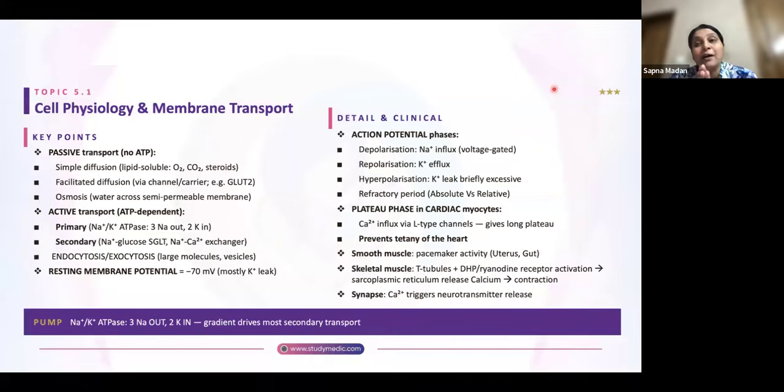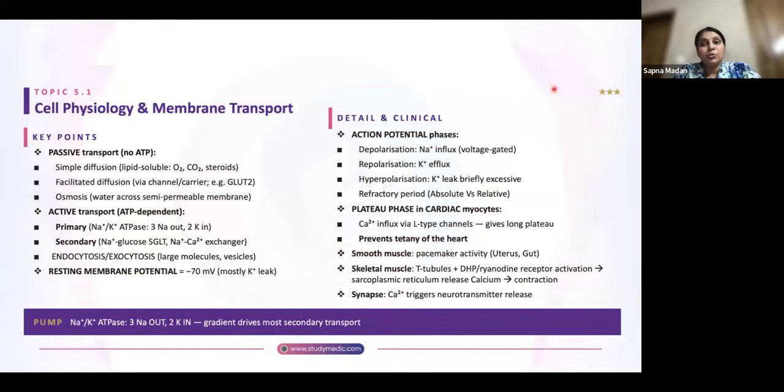Then we have channels. We spoke about passive and active. Passive is where there is a sodium leak happening. The sodium from outside, because of the concentration gradient, is coming slowly inside. And because the potassium is more inside and less outside, it is also leaking out through what we call the potassium channels.